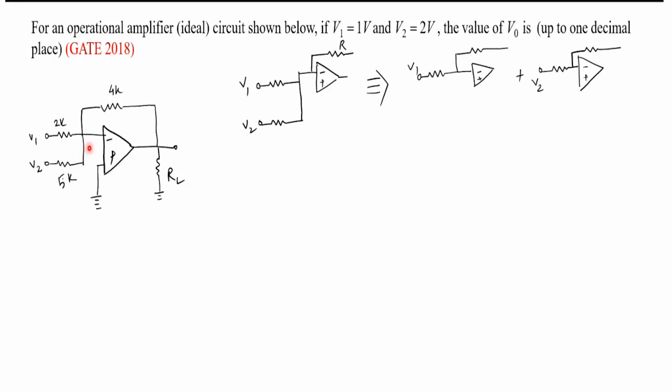For this case, it is possible. Like V1 and V2 applied at the negative terminal, you can separately find the output and sum up. The reason is that if this is I1 and this is I2, all these currents are flowing into the 4K ohm, so you can analyze them separately. That's the trick.